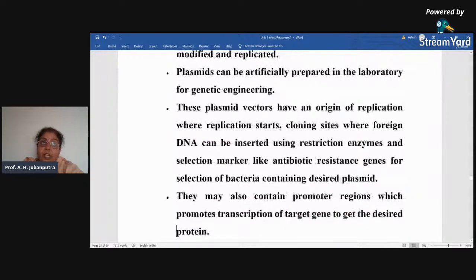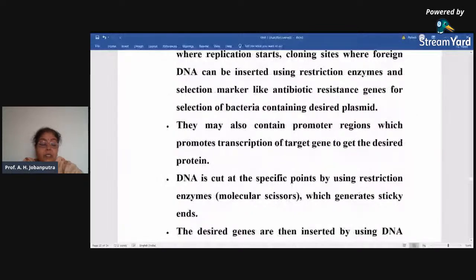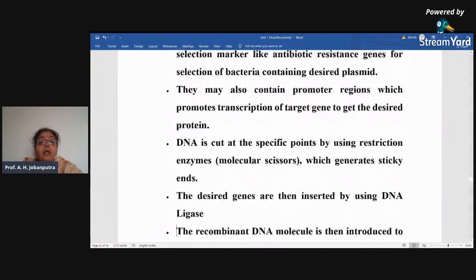You can introduce the promoter regions in the artificially or genetically engineered vectors, and so plasmids are very good vectors. You can cut them at specific points with the help of restriction enzymes, which are molecular scissors, and you can generate the sticky ends.